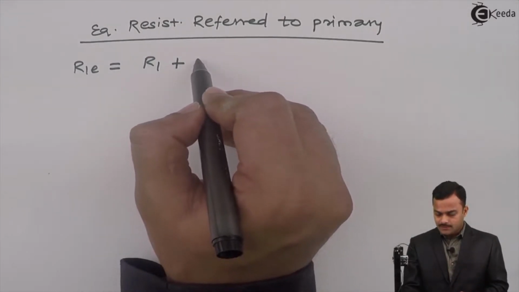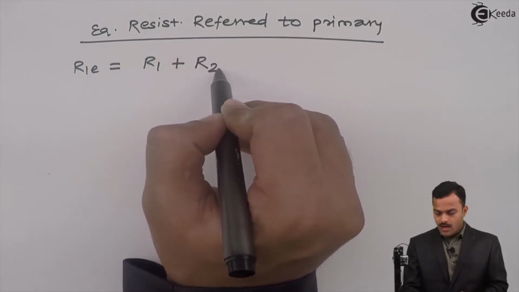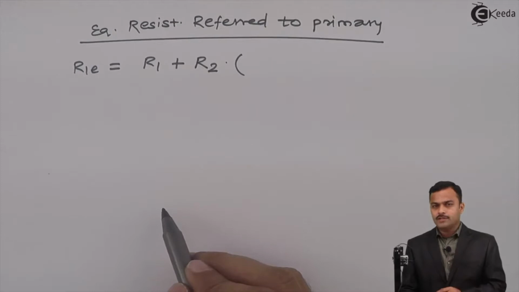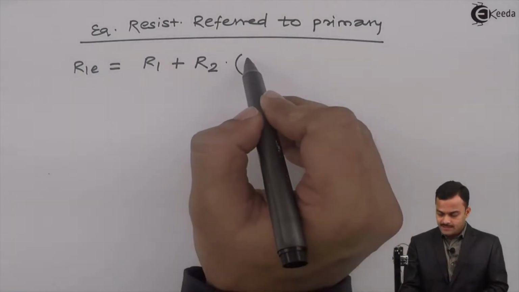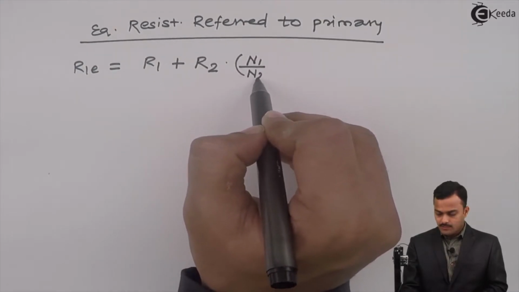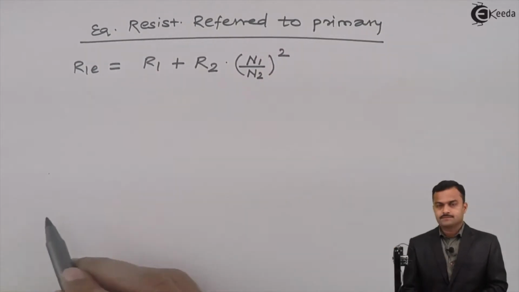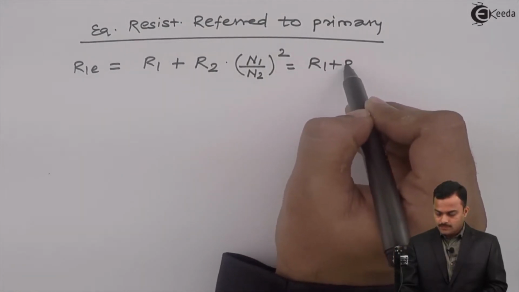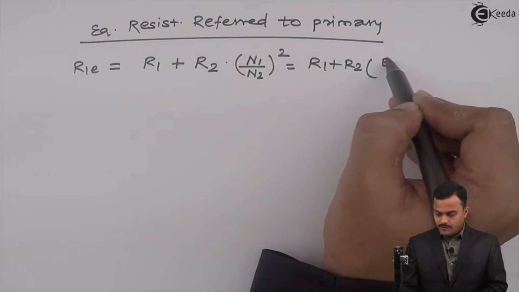So for that purpose I will use the formula R2 multiplied by, where am I referring? I am referring to the primary side, hence primary number of turns upon secondary number of turns, squared, and we know this is nothing but E1 by E2.